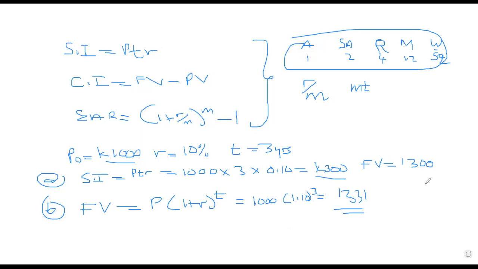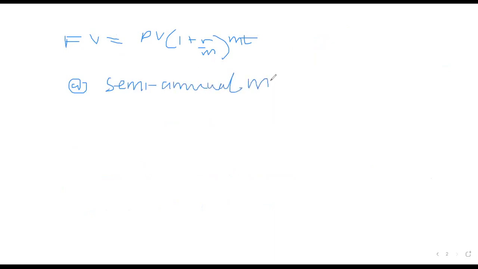Now, future value, if it's compounded more than once, is given by the formula 1 plus R over M, to the power MT. If we are told that it is compounded semi-annually, this simply means that our M is going to be 2.